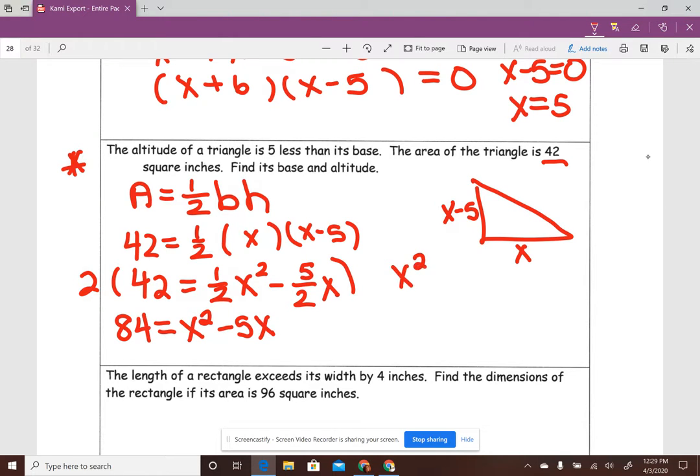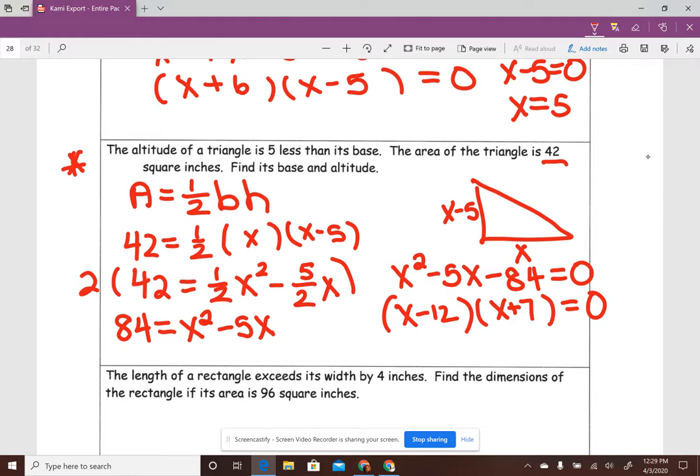That's a quadratic, so I'm going to set it equal to 0 to see if I can factor it. And this is indeed factorable. It's going to be x minus 12 and x plus 7. So I get x equals 12 and x equals negative 7. The negative 7 gets rejected because you can't have a negative side of something. Therefore, I have 12 and 7. And right here's my answer.